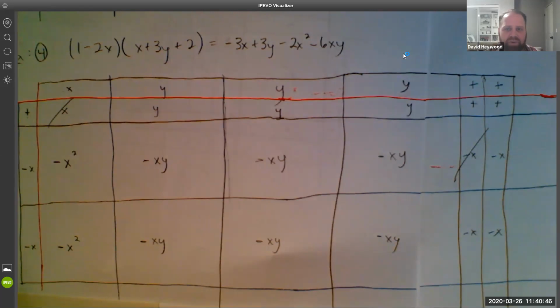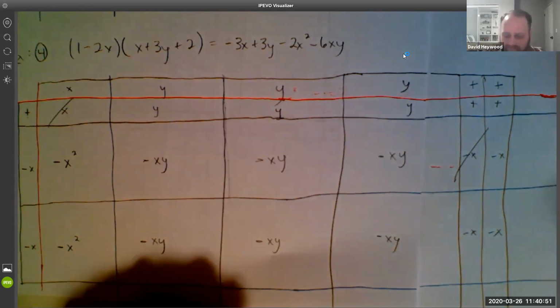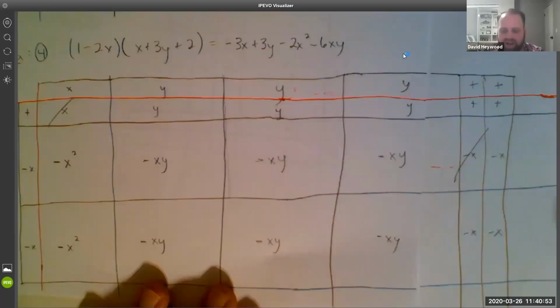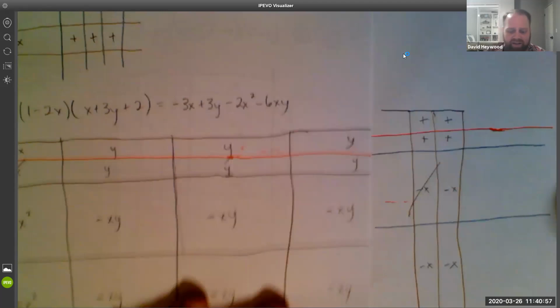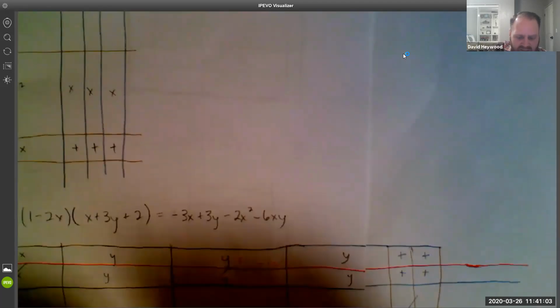Wow, what would this look like if we multiplied it out algebraically? Let's see. I'm out of room, so I'm going to have to move my dot cam. But if I wanted to multiply this out algebraically, let me do it in this space up here. 1 minus 2x times x plus 3y plus 2. Well, this isn't even foiling. You just have to multiply all of these times all of these.